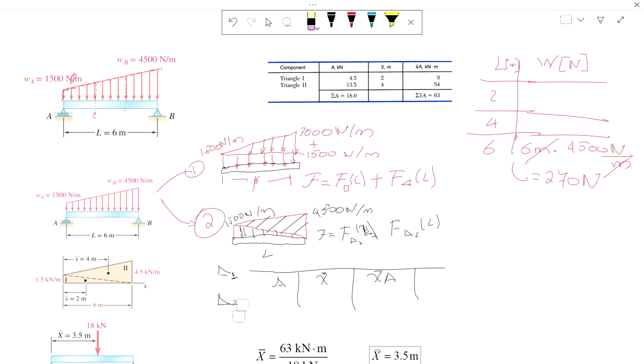And that is for triangle 1 and triangle 2. So triangular shape 1 and triangular shape 2.